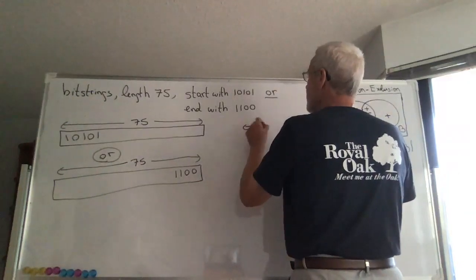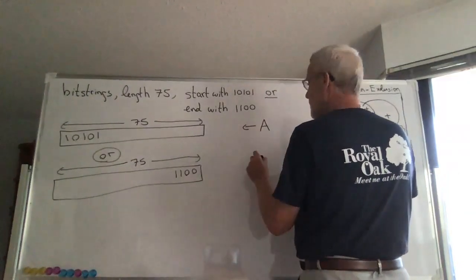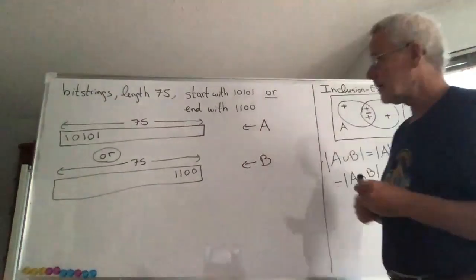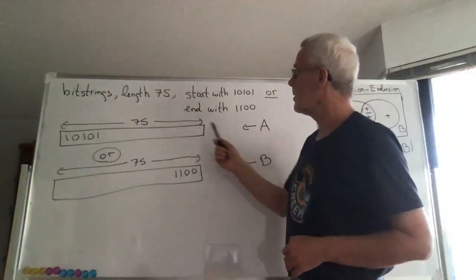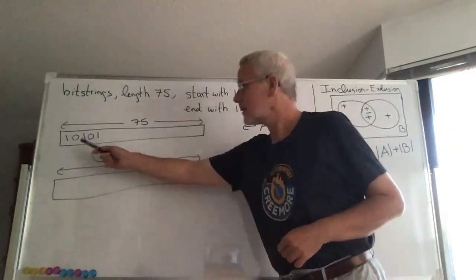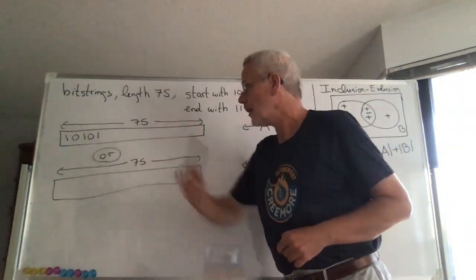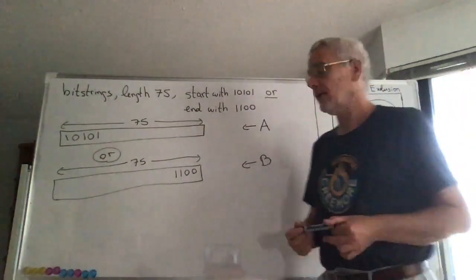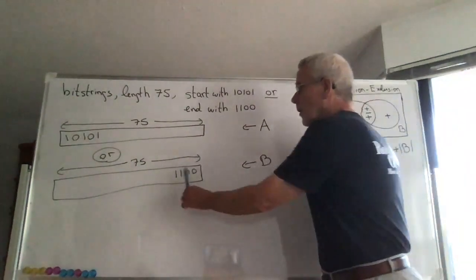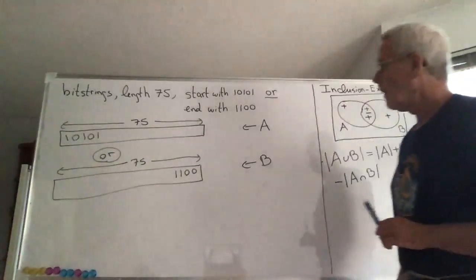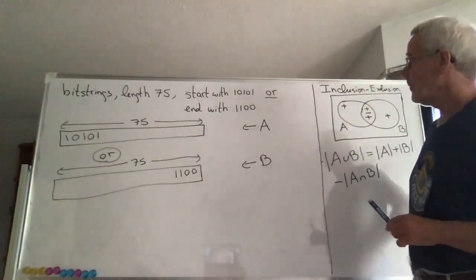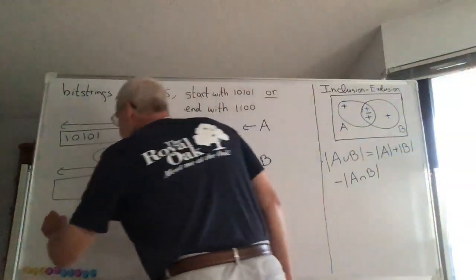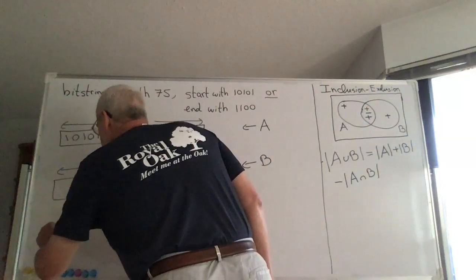This would be the set A, and this would be the set B. And so A is a set of all bit strings of length 75 that start with 10101. B is a set of all bit strings of length 75 that end with 1100. And because of the OR here, we are asking for the size of A union B.